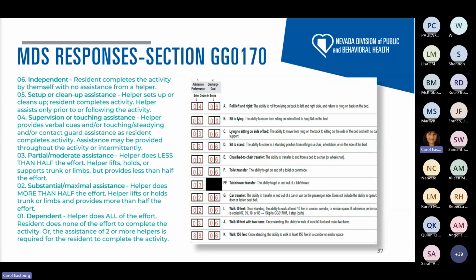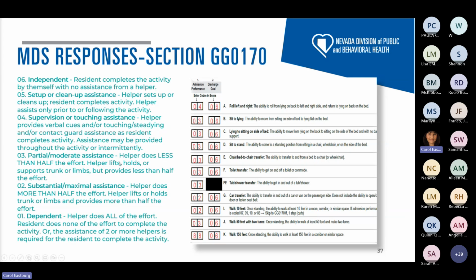Moving on to his admission performance and discharge goals in GG 170, mobility. These are the codes in items A through K. So here we see roll left to right, supervision or touching assistance is required. The goal is to be independent at discharge.